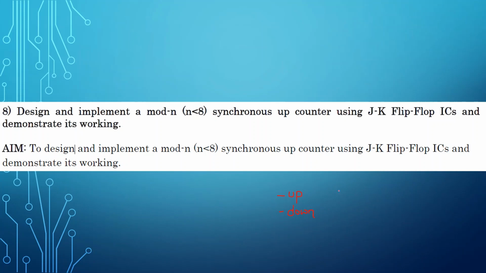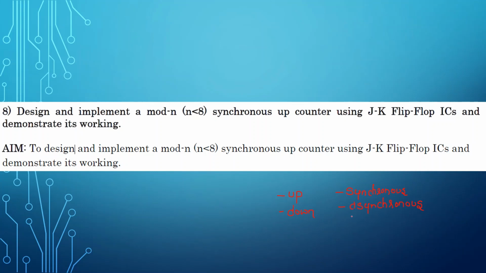Again, we can classify counters based on the way in which the clock signal is given. One is called a synchronous counter and the other is an asynchronous counter. Synchronous counters are those in which the clock signal is given at a time to all the flip-flops.